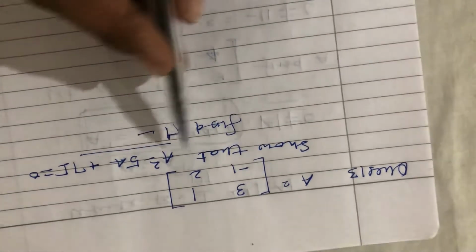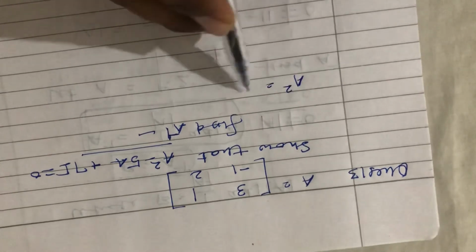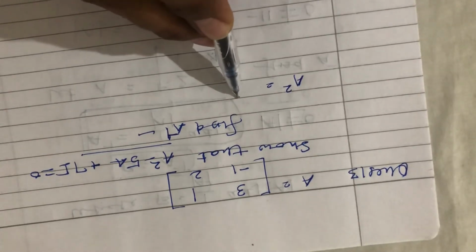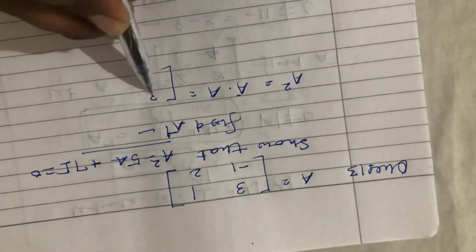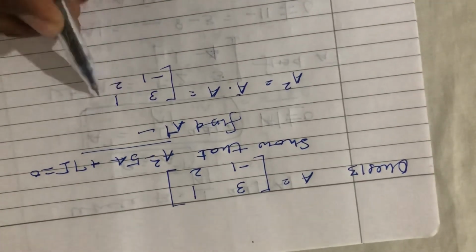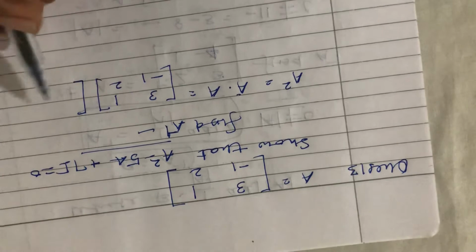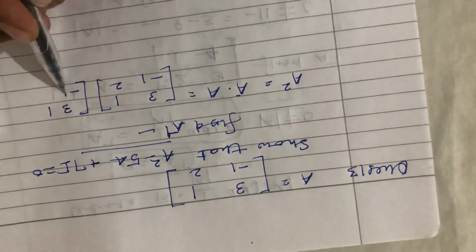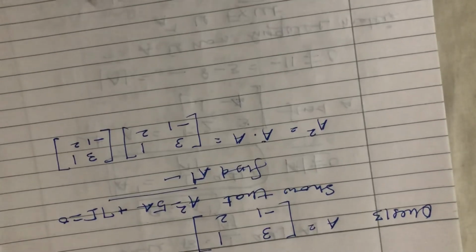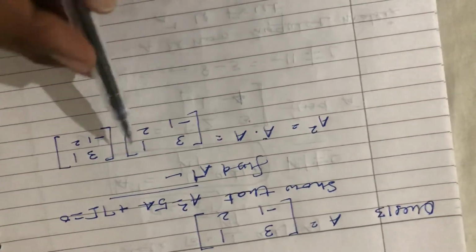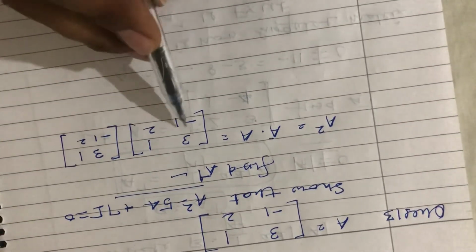Correct? First we find the value of A square. A square means A dot A. First we have 3, 1, minus 1 and 2, and it is the same 3, 1, minus 1 and 2. Clear? Then we multiply row wise.